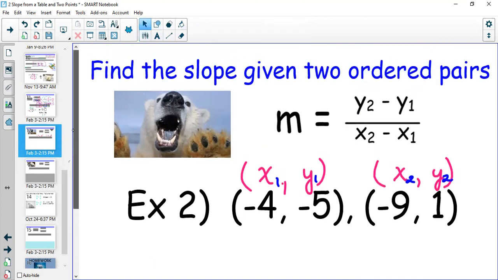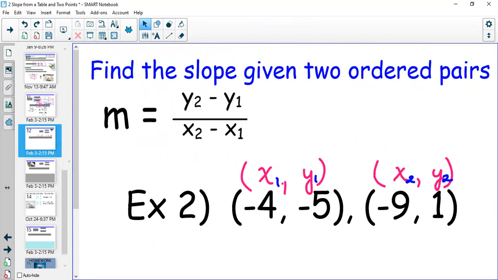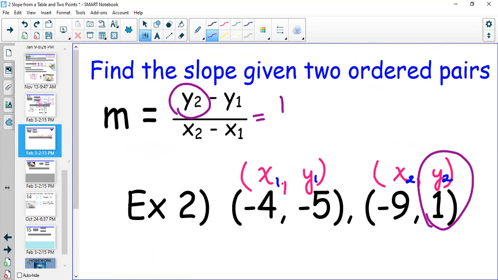All right, so let's plug them into my formula. Again, I'm going to make the polar bear disappear and move my equation over so I have more room for work. I'm going to start off with y2, which is 1. I'm going to subtract, and here's where it's tricky. So this is why I wanted to show this one. I have a subtraction sign, so I need to make sure I have a subtraction sign there.